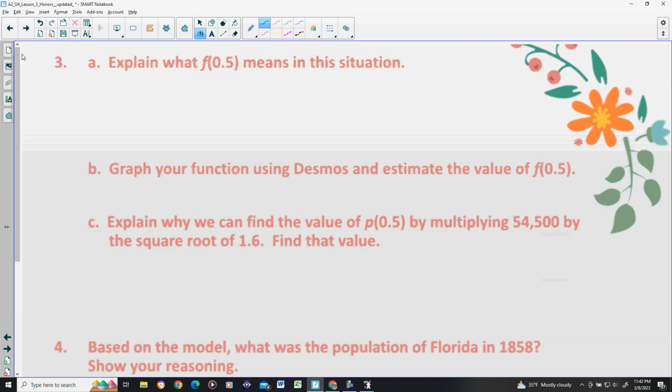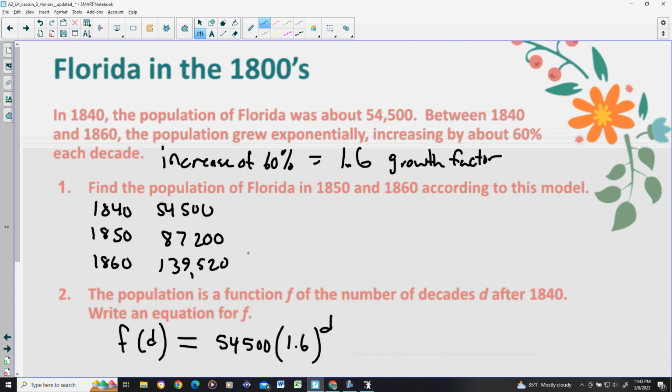Okay, but now, what happens if we try to use a decimal, like 0.5? What does 0.5 mean in this situation? Okay, well, again, what does that value represent? 0.5 is a measure of what thing? It's a measure of d, and d was decades.